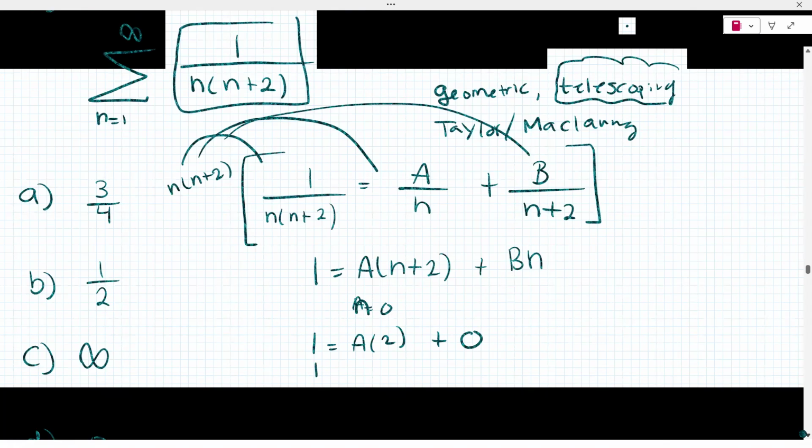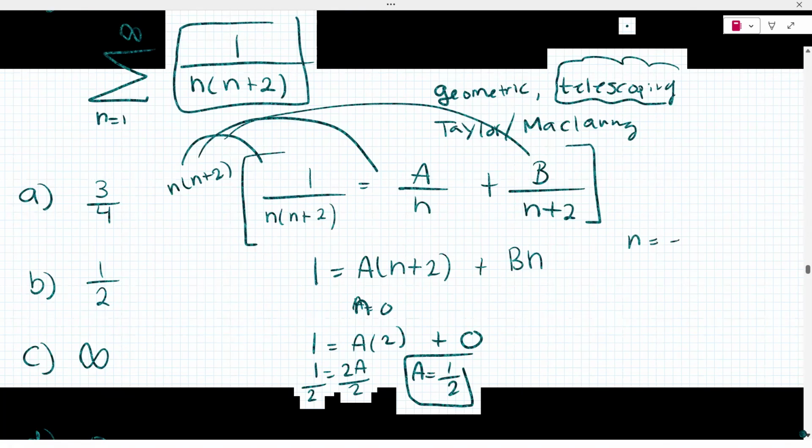So we get 1 equals 2a, and solving for a, a equals 1 half. Then we're going to solve for b by setting n equal to negative 2.